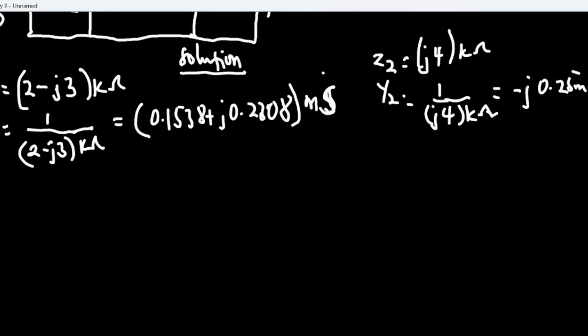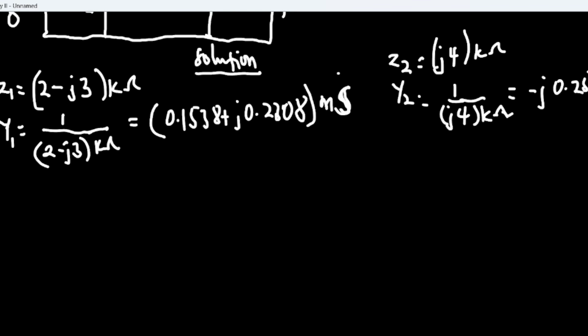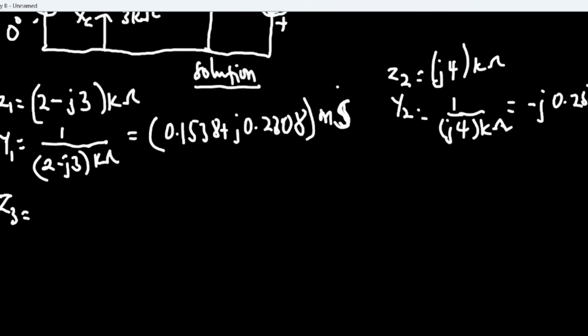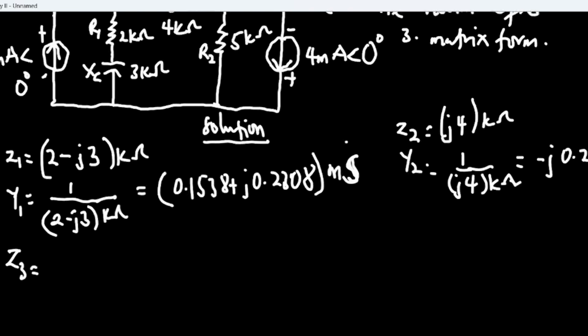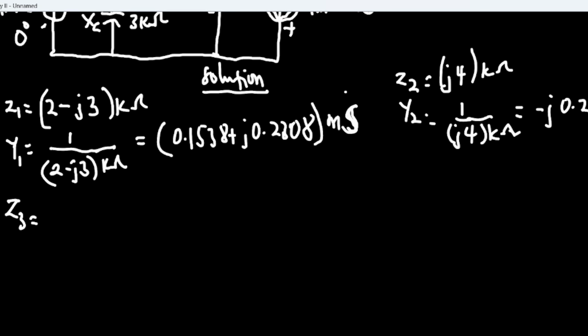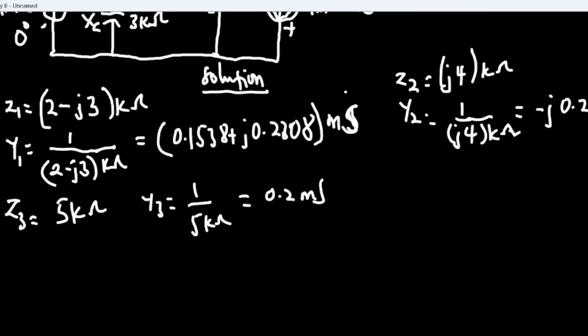Then now we have our Y3, but to be on the safer side, we'll find our Z3 first. Now Z3 is what? Just this branch, that's our R2, that's 5 kilo ohms. That means Y3 is equal to 1 over 5 kilo ohms, that is 0.2 millisiemens. So now we can say we've been able to derive our Y1, Y2, and Y3.